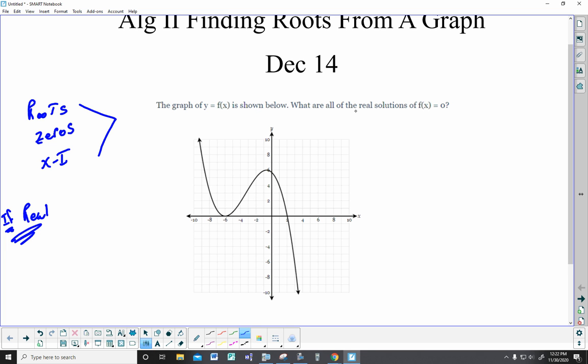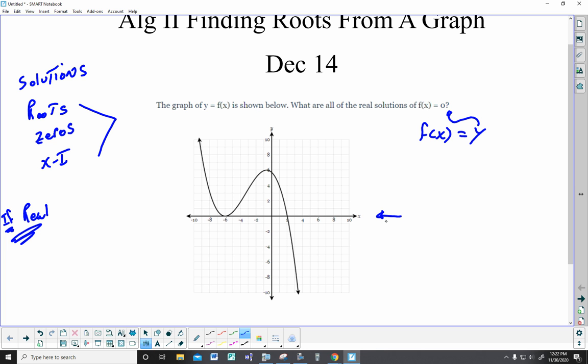So if they ask you to find the real solutions, I could add that to the list. Real solutions, where f of x equals 0. Remember, this f of x is your y value. So they're telling you your y value is 0. Where's your y value 0?